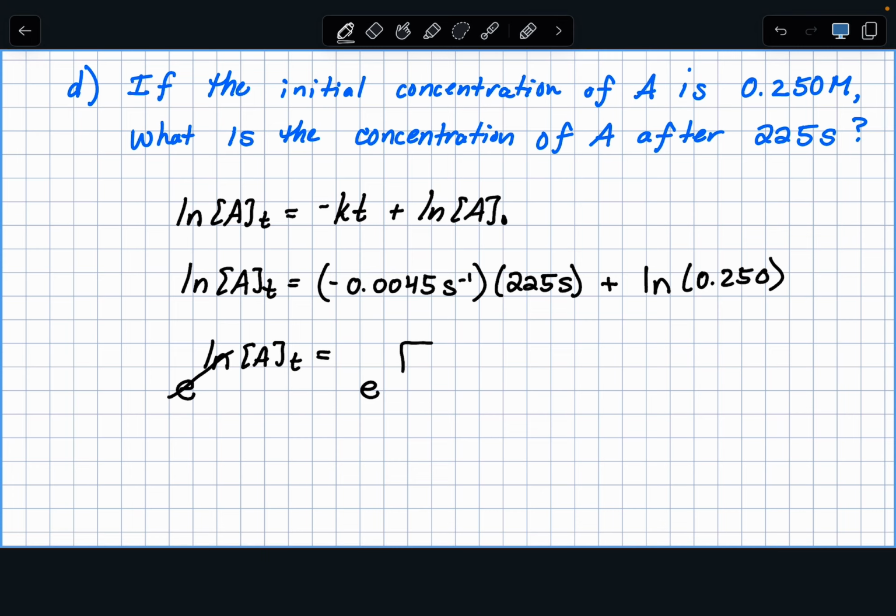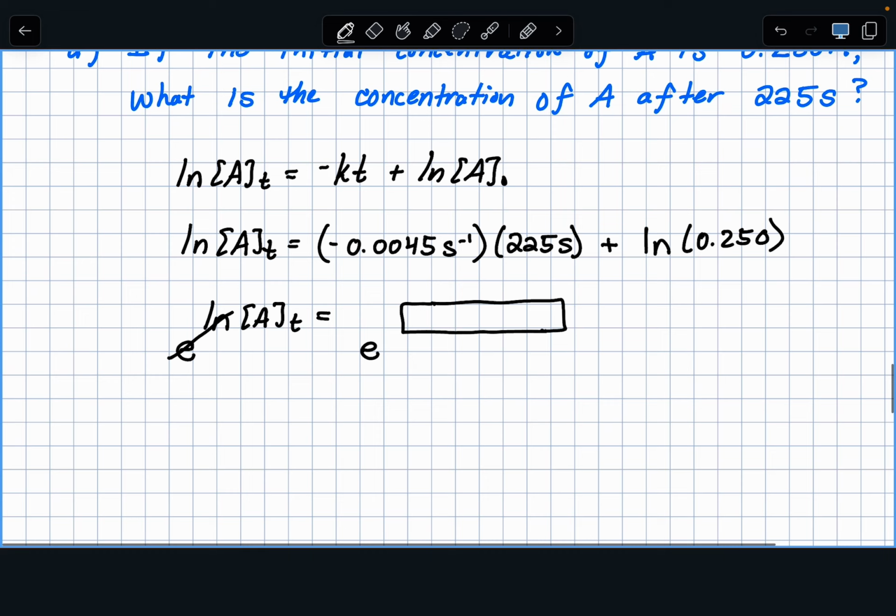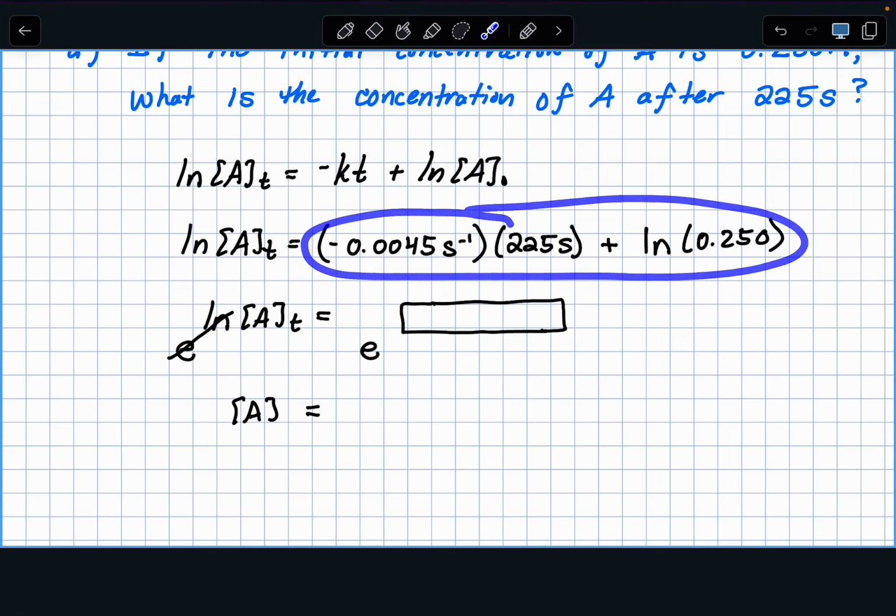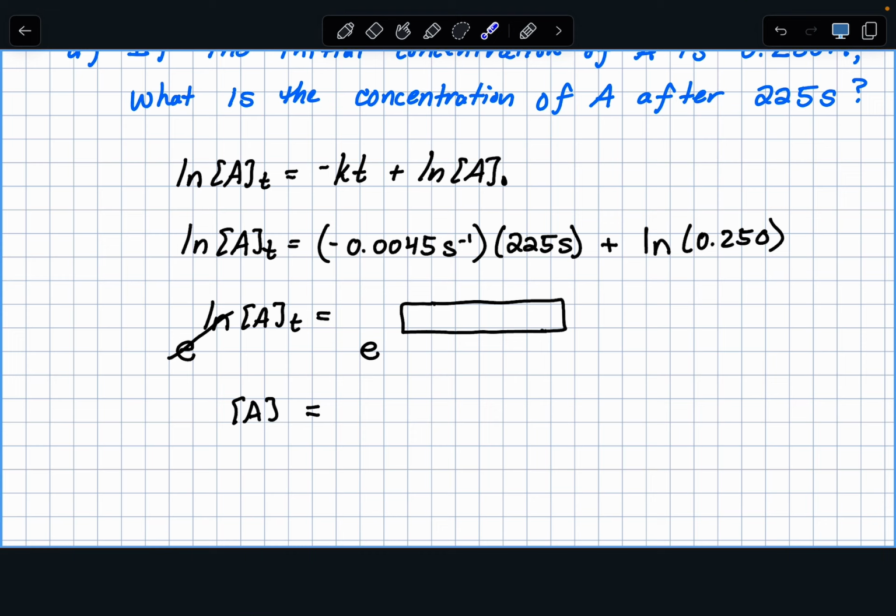So whatever this value is up here for everything that is in the above, we will then have A at that specific time is going to equal e to whatever this all equals right here.